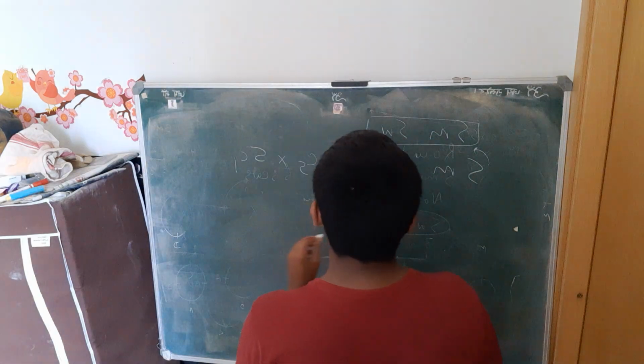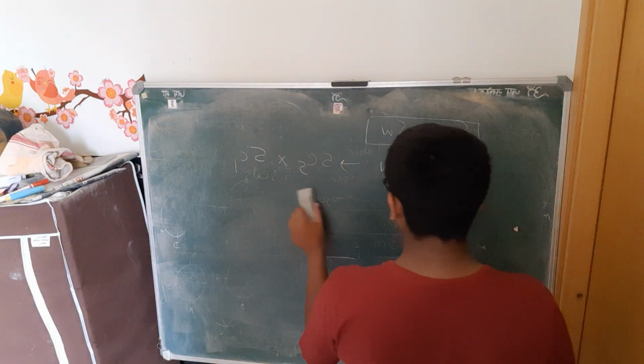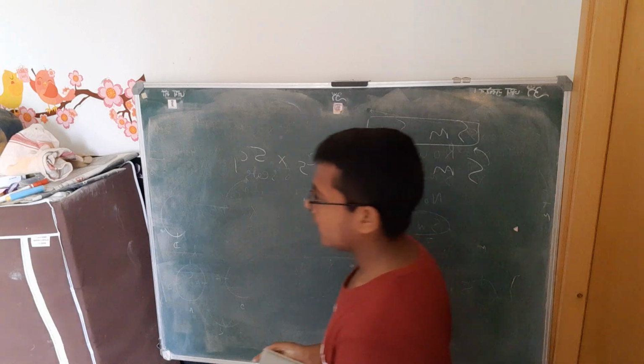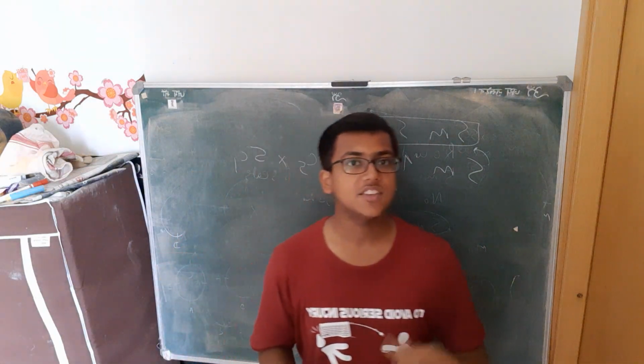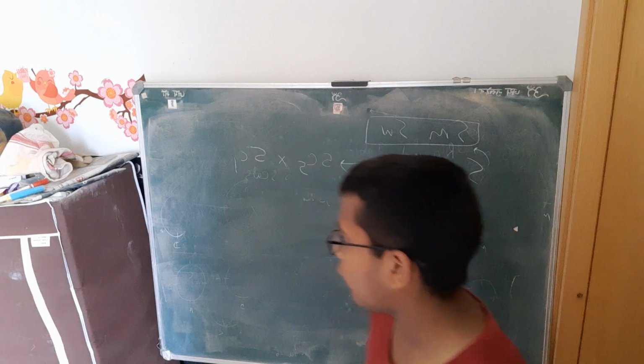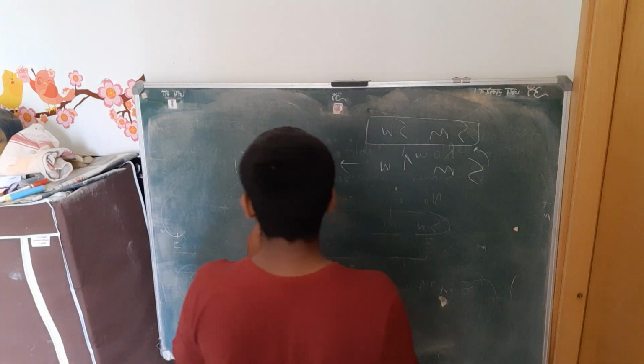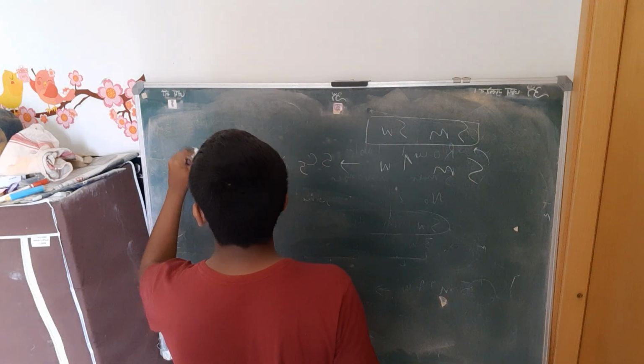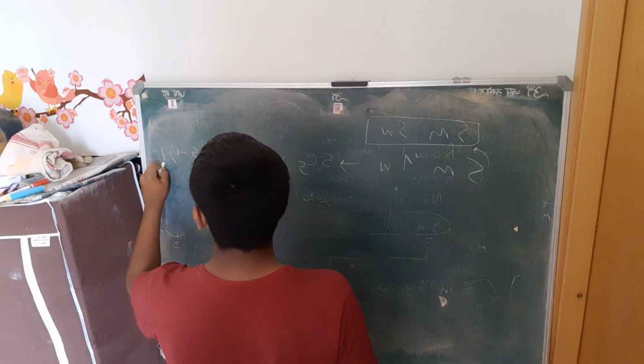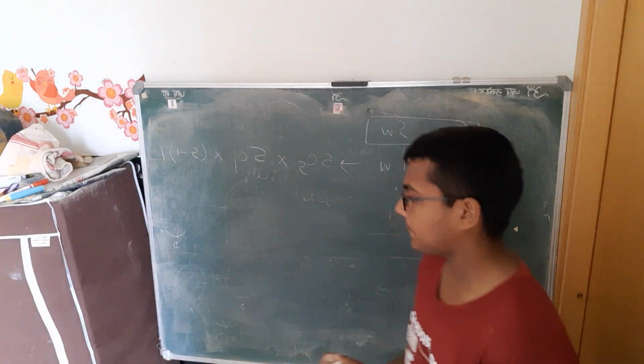Now, we need to understand in how many ways you can seat 5 men in a circular arrangement. The formula for seating 5 men will be (5 minus 1) factorial. But why is this the formula?